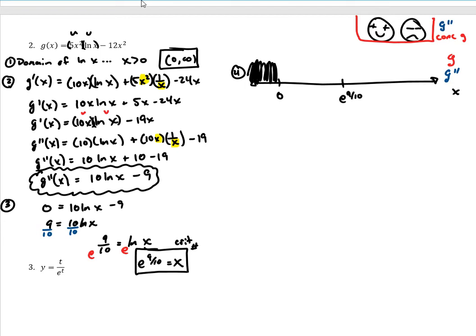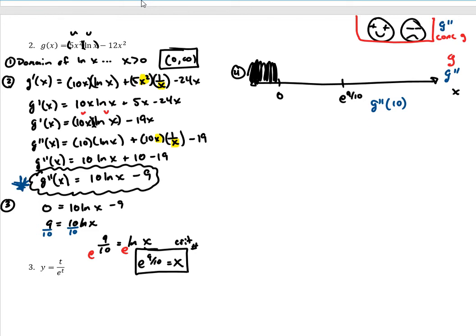Okay, so at this point, I want to choose anything bigger than e to the 9/10. Well, again, e is about 3. So to play it safe, I'm going to do g double prime of 10. That should be bigger than e to the 9/10. So for g double prime of 10, I look back at my second derivative function, and I would want to plug in the 10.